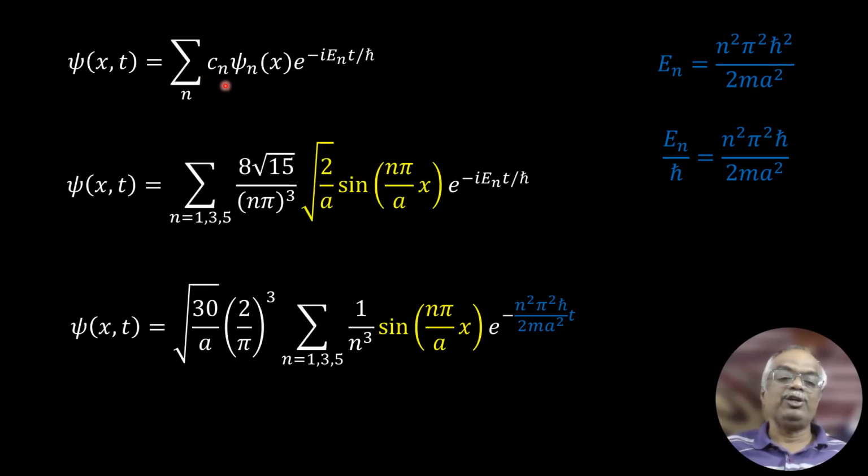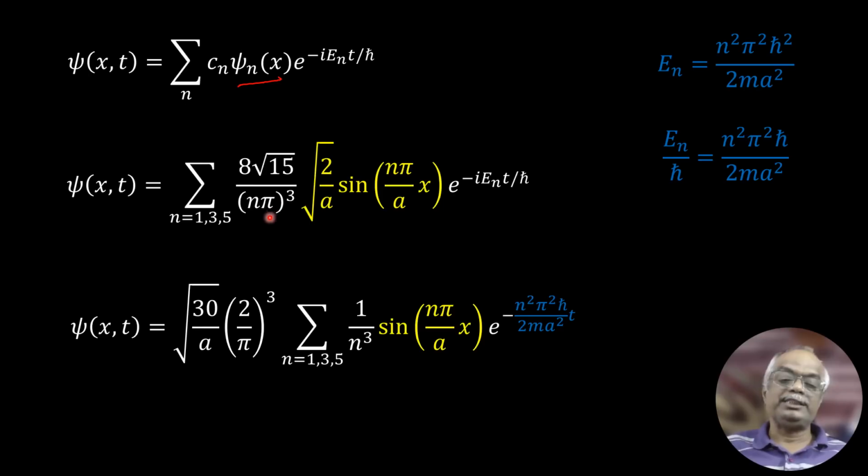So now we know Cn is non-zero only for odd integers, that is n equal to 1, 3, 5, and the Cn value we have just seen is 8 square root of 15 over (nπ) whole power 3, and this psi n wave function is square root of 2 divided by a times sin(nπx/a), which I have shown in yellow color.